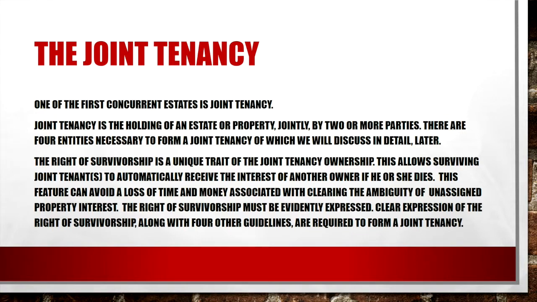This feature can avoid a lot of wasted time and money associated with clearing the ambiguity of unassigned property rights. The right of survivorship must be evidently expressed, because clear expression of the right of survivorship, along with the other four guidelines, is required to form a joint tenancy.